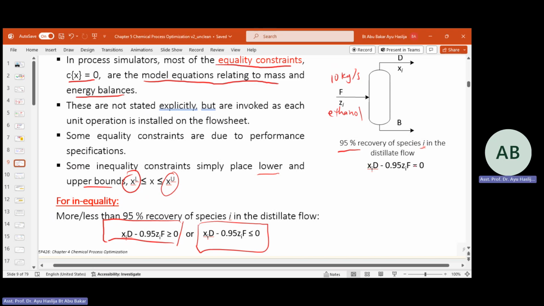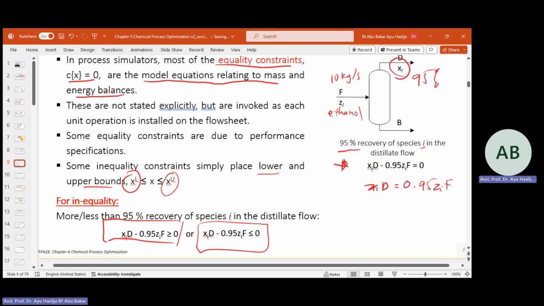x_ID minus this one, so you will get equals to 0.95 z_I F. The distillate here is our target, 95%. You should generate the equation.